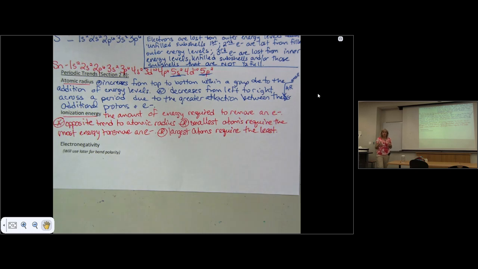Those small atoms, the smaller atoms, are holding on to their outer energy level electrons more tightly. The larger ones simply can't. The distance between their positive nucleus and their electrons is too far away. They can't hold on to them as tightly. That's why, because they're so big.